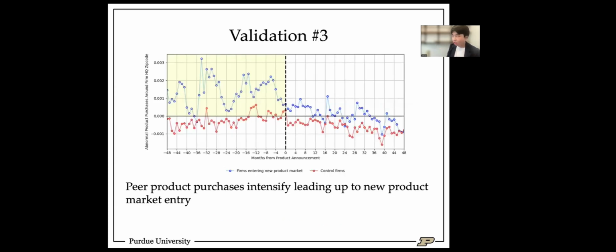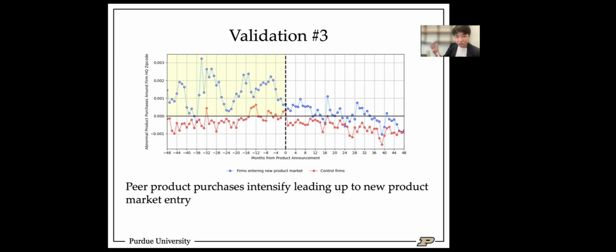And then in the third validation test, we're going to identify product market entries, specifically when these companies enter into new product markets that they've not actually been in. We're going to try to see whether abnormal peer product purchases are spiking just before these companies enter into these product markets.